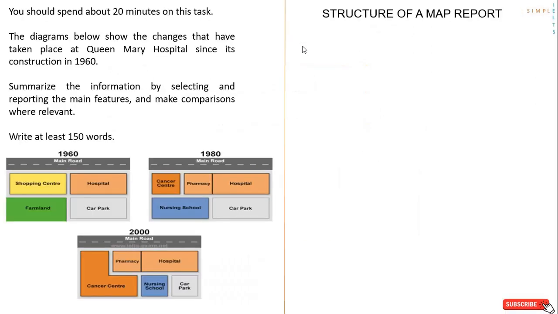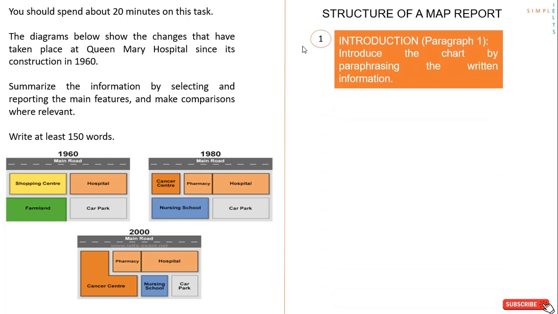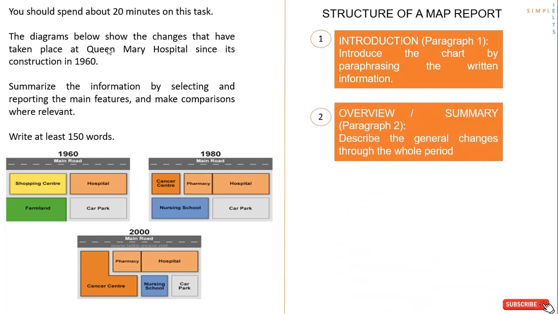So now we talk about the structure of a map report. Normally, the structure consists of three parts. First is the introduction, which we write in paragraph 1. This is where we introduce the chart by paraphrasing the written information, which we have to rewrite in our own words. And then there's an overview or summary part which we write in paragraph 2. This is where we describe the general changes through the whole period from 1960 to 2000.